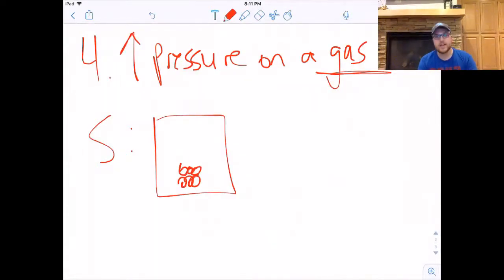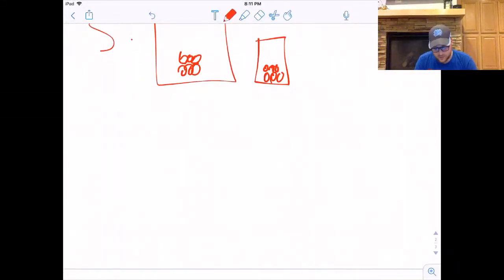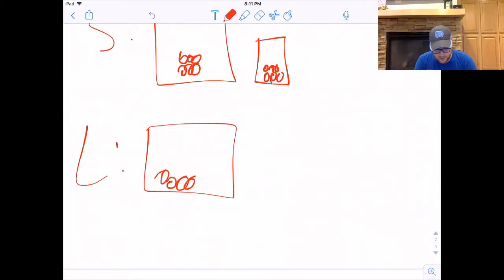They're in that crystal structure. They have that rigid shape. And if I take the container and make it this big, that's really not going to affect my solid at all. And liquids are more or less the same way. When you draw a liquid, you're basically just spreading it across the bottom of your container.